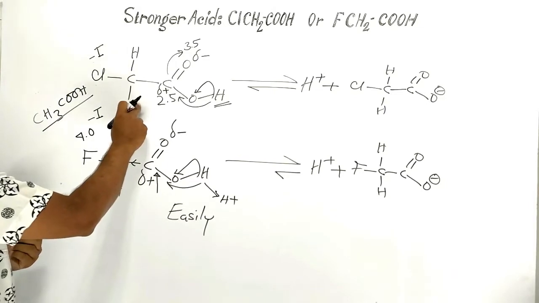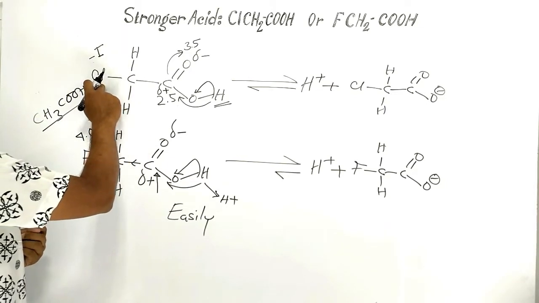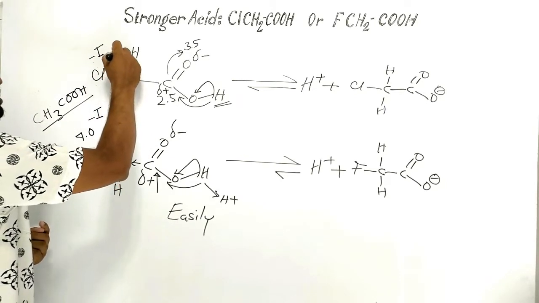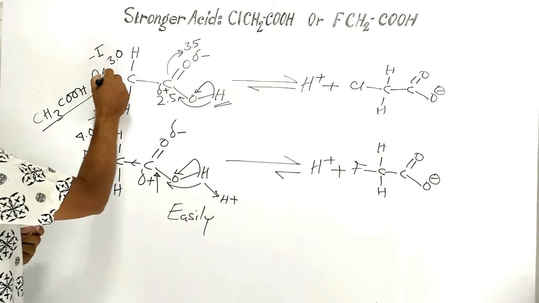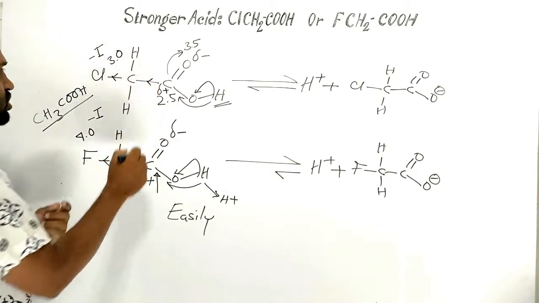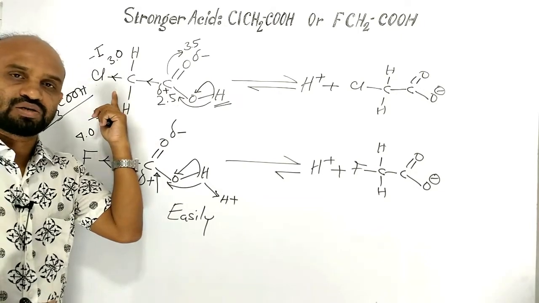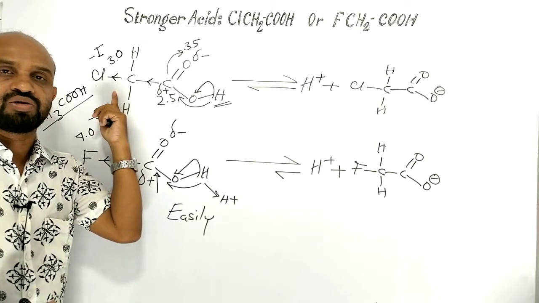But in this case, the electronegativity of chlorine is 3.0. That is why it withdraws electrons towards itself, but gently or softly.